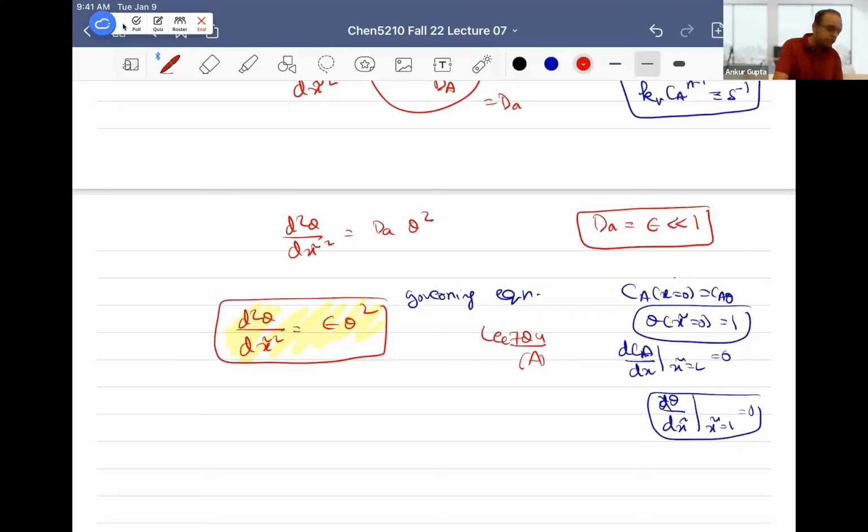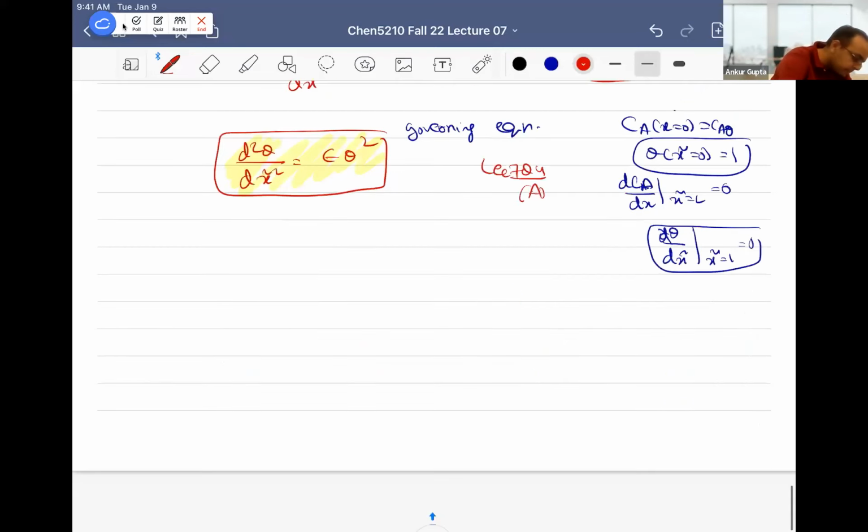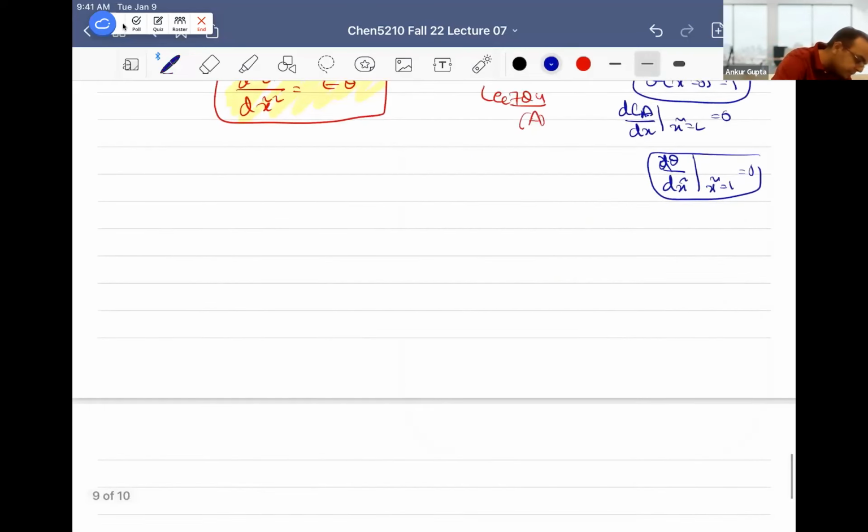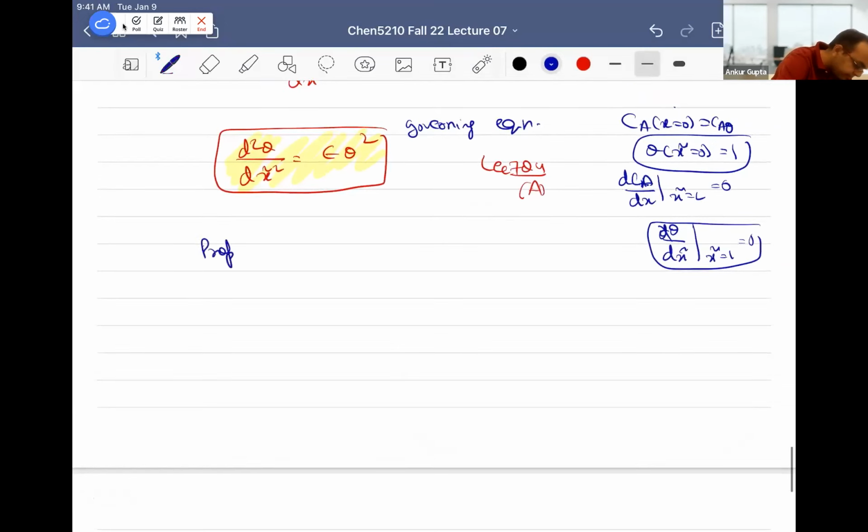So what you do is you propose a solution. Theta is equal to theta naught plus epsilon theta 1 plus epsilon squared theta 2, and so on. You can have higher order terms, but that's where I will go for today.